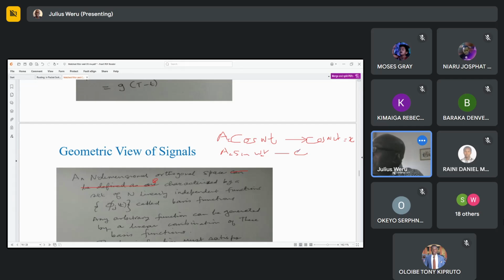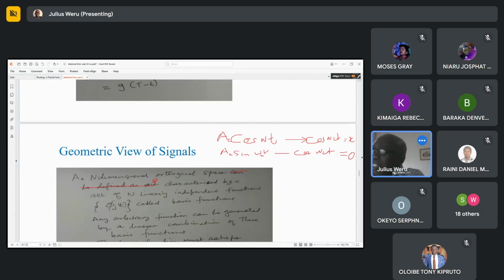But if you multiply with this and then integrate, which is the dot product by definition, then this will give you 0, because sin omega_c t and cos omega_c t are orthogonal. And that is a test for orthogonality.